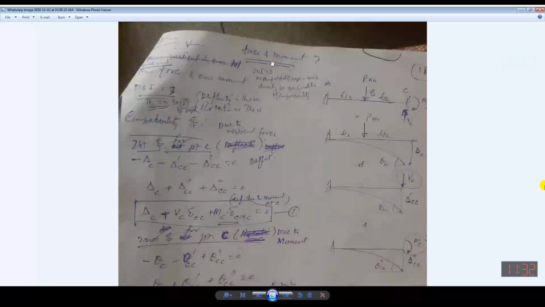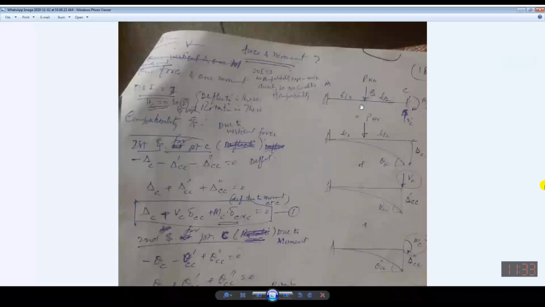What it means: you can see this is a beam loaded with P, and there is a moment force. Apparently the degree of indeterminacy is 3, no doubt, but in the horizontal direction the beam is so stiff that it will not show any displacement.